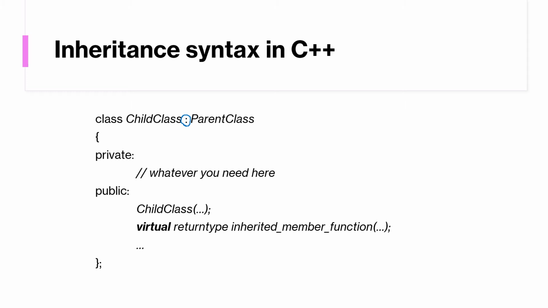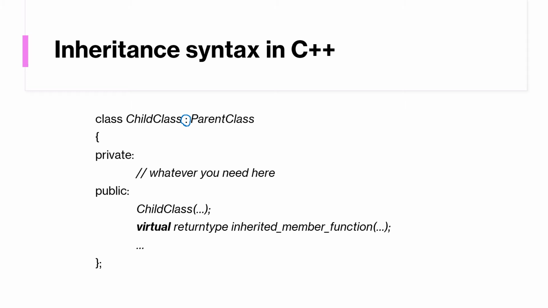Okay. Generally, inheriting private properties of the parent class doesn't make much sense because they're private to the parent class, and now you're going to have your own private variables in the child class. So, whatever you need there. But public, you're going to have member functions.